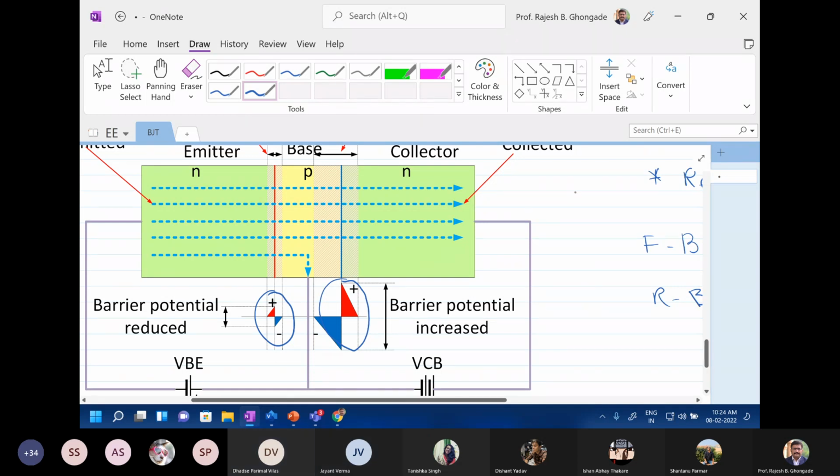Yes, sir. कैसे फ्लो होगा करंट? समझो, यहाँ पे एन टाइप मटेरियल है, तो you have a large number of electrons here, isn't it? है ना? Yes, sir. So these electrons will get repelled by this negative potential of the battery and they will cross over into the base region. ये सब base region में चले जाएंगे.